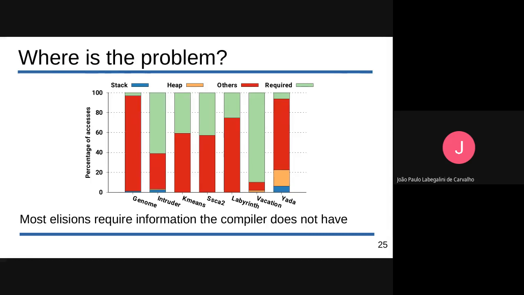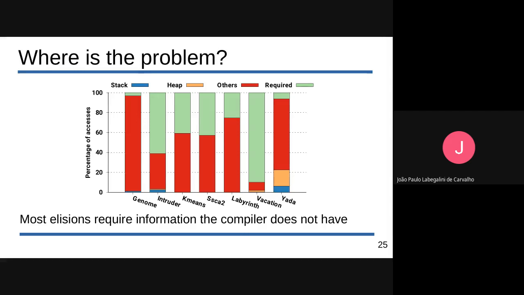In this graph, I show a breakdown of memory accesses, showing accesses to the stack and the heap. We say others to mean any memory access that we don't know where it came from, that can either be from the stack or the heap.